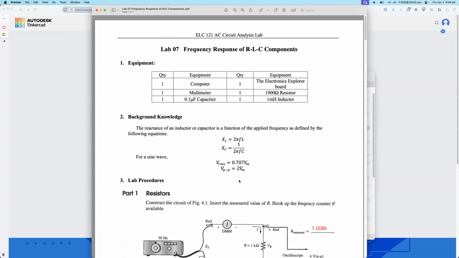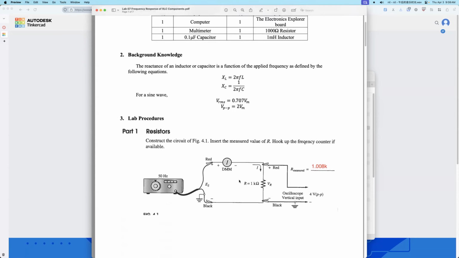Okay. So for the first part, part 1, this is for a resistor. So a resistor connects to a function generator. Then we will change the frequency and make sure the voltage across the resistor, VR, is 4 volt peak to peak value. Then we need to insert an ammeter, then we can measure the current.